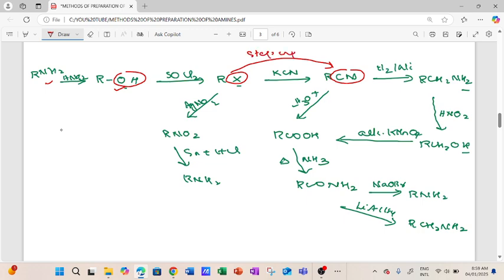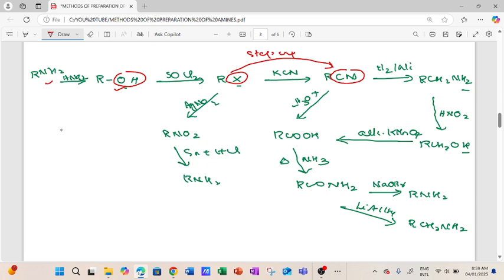Why? Because one carbon is increased. So wherever you get a question to increase one carbon, the best method is to introduce the CN group by adding KCN. But remember that KCN can be added if it is RX. If it is not RX, you convert the compound into RX.